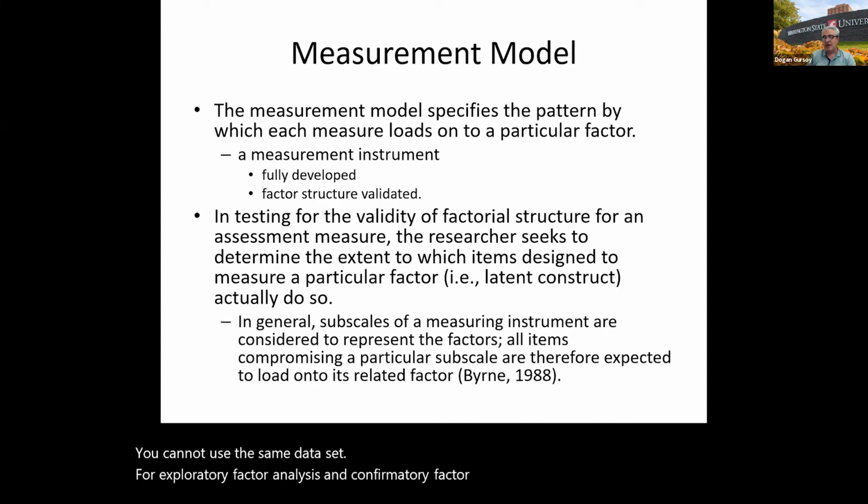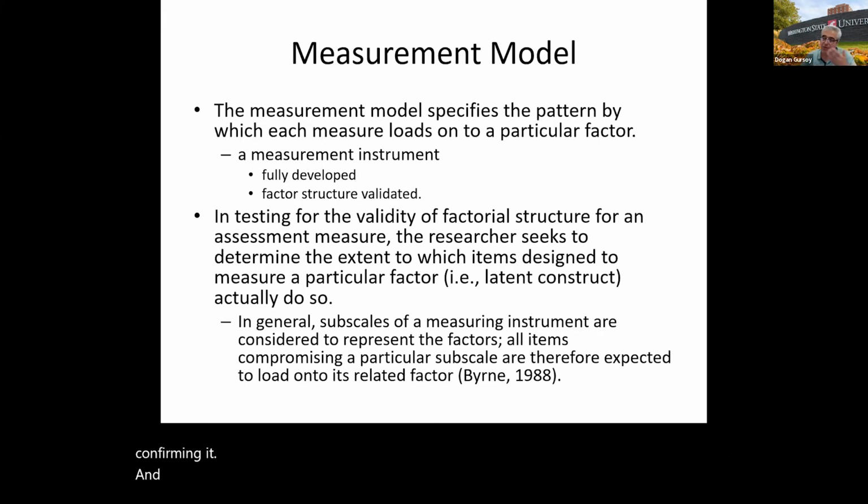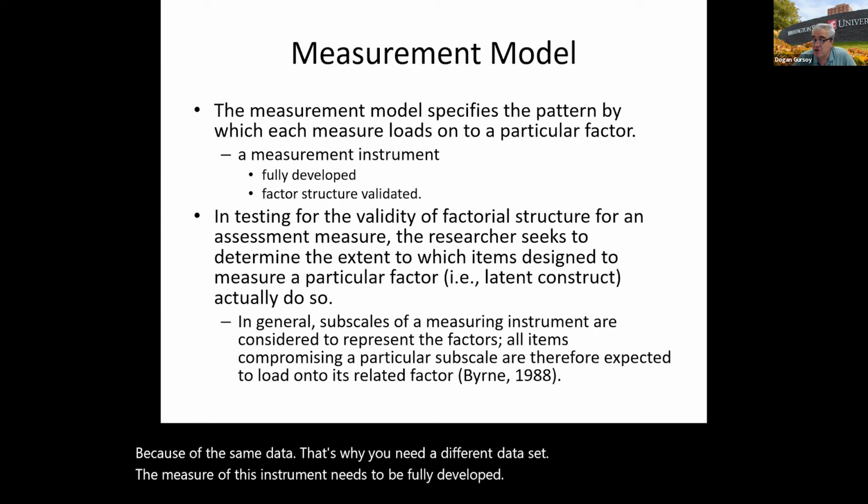Because if you use the same data set, you are figuring out something, and then using the same data, you are confirming it. And you will confirm it, because it's the same data. That's why you need a different data set. A measurement instrument needs to be fully developed and its factor structure validated.